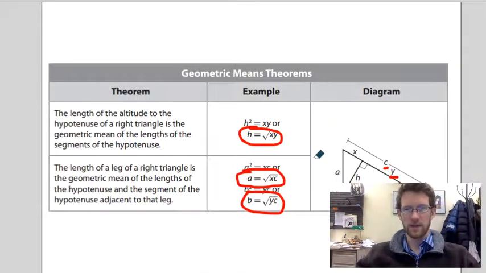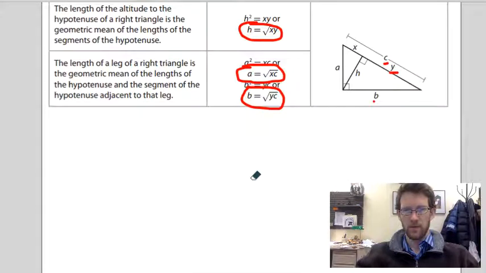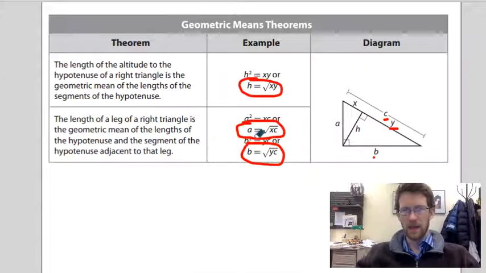What we're doing here this time is we're using, think of it as this one, a is equal to the geometric mean of x and c. So a, one of these legs, is equal to the geometric mean of this entire hypotenuse and this little section of the hypotenuse here.